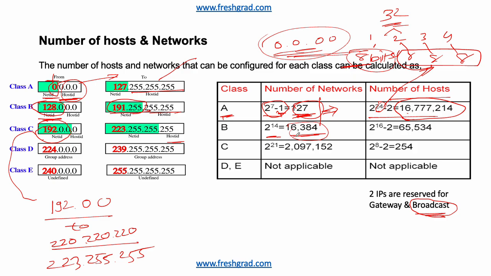So 2 raised to power 14 is 16384. This is the number. And how many hosts can we have? 2 raised to power 16. How did we get the 16? Because we are considering only the last two octets. So 8 plus 8, that's 16. Minus 2, why? Because one IP is for the gateway and the second IP we use for broadcast. Remember, the last IP is always used as the broadcast IP address.